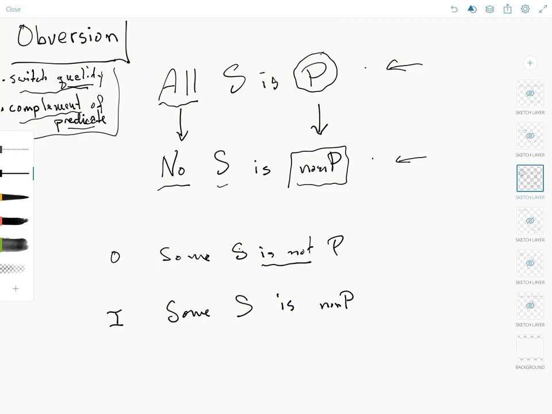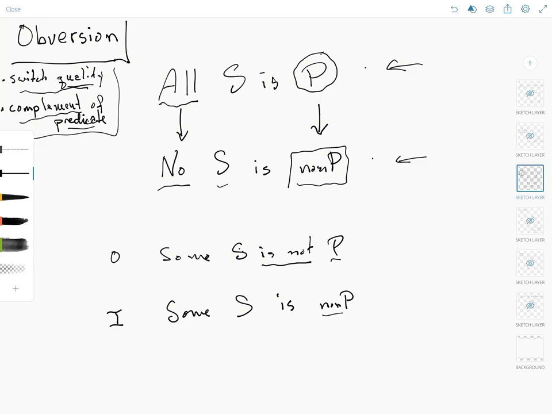And that makes sense because we start with an O, which is particular negative, and the only thing we're changing is the quality. So we've got an affirmative this time that's still particular in quantity, right? The difference, of course, is that instead of P as the predicate, we end up with non-P. Now think about this for a minute.